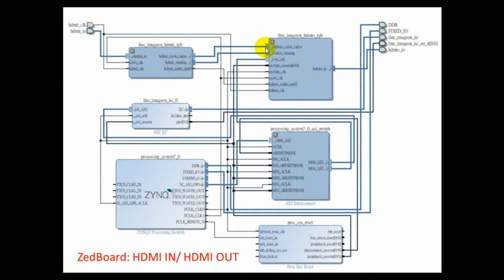The interface here is AXI stream. So the video stream comes from HDMI input, and does the image processing here, doing the resampler and YUV to RGB, and so on. And here is AXI stream, and also you have AXI interconnect for a register interface.